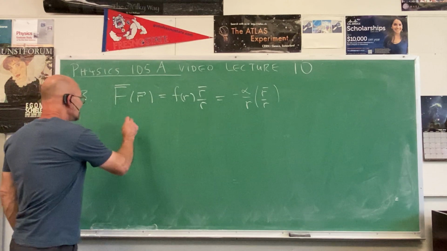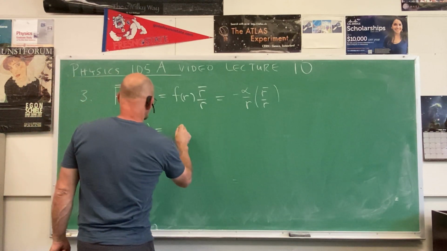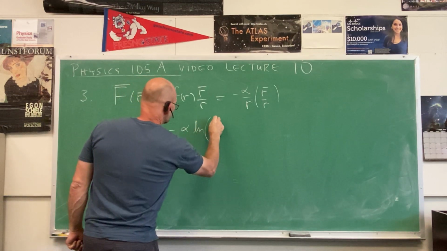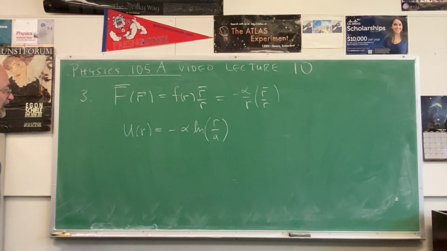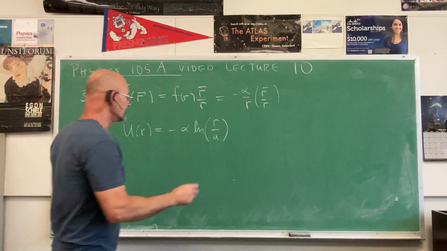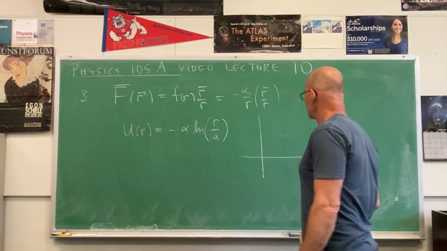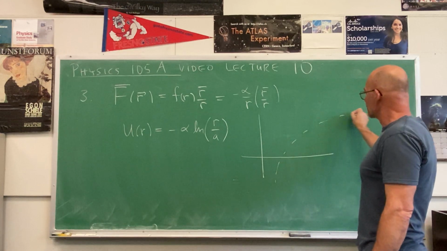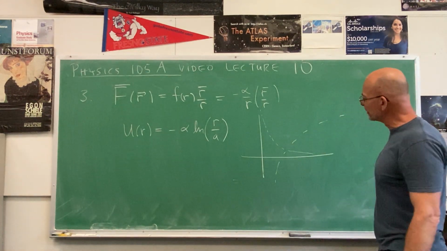Good. So that we had to get the potential energy, and that was just going to end up being the natural log of r over a. And then we were going to draw the effective potential, and then your natural log goes up like this, and your L squared over 2m r squared goes down like that.